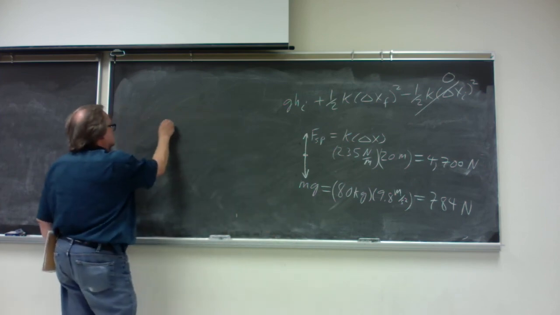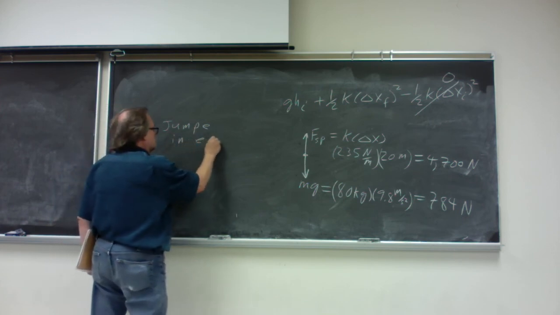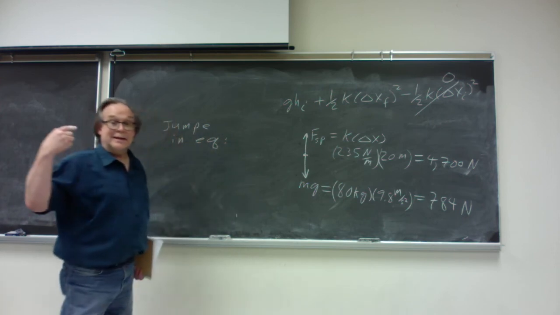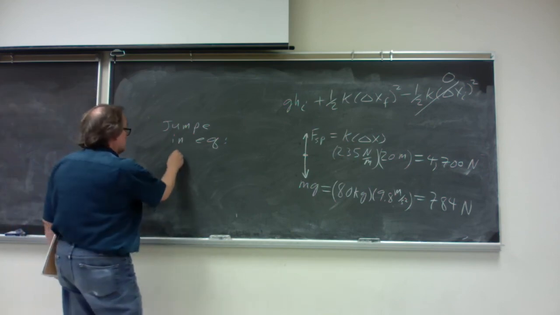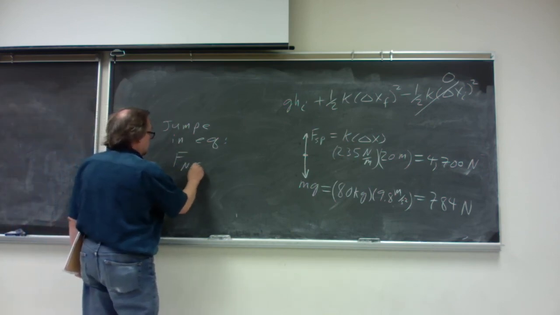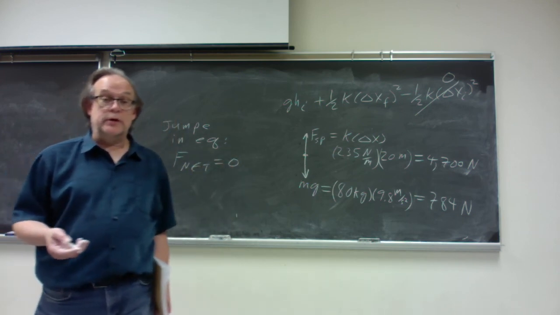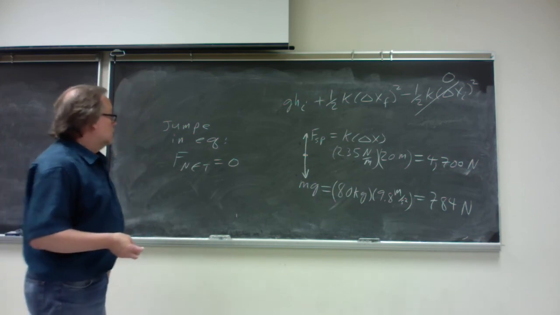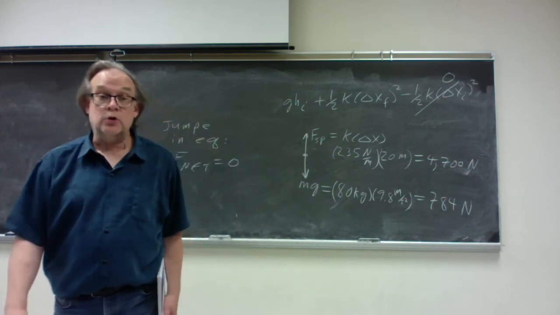So when the jumper is in equilibrium, at that point, the net force on the jumper is, of course, 0. That's one of the things that equilibrium means, which means those two forces are now equal to each other.